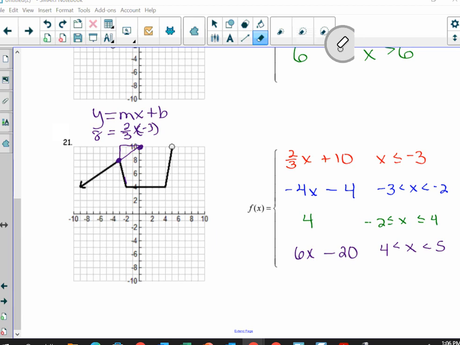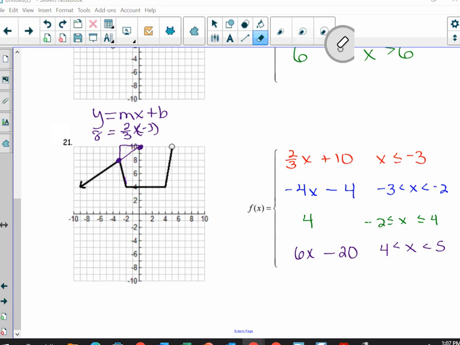Anytime there's a different thing, that's the point. It's a negative graph, right?